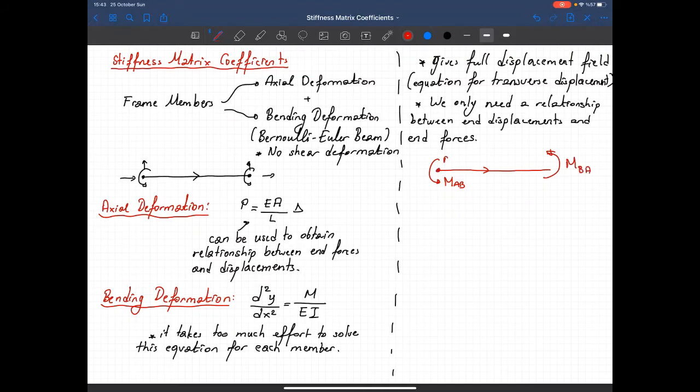So this is point A, or node A, node B. And by using this equation and an assumed deformation field, we say that that's the undeformed shape. So point A can move in the upward direction, B can move in the upward direction. This is delta A, delta B.